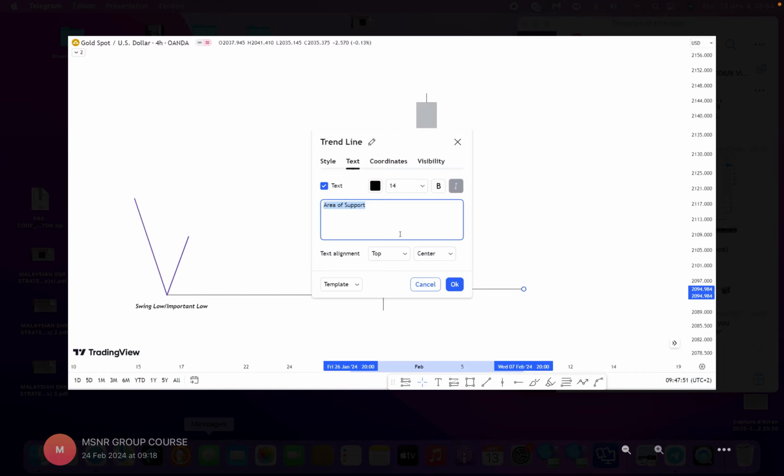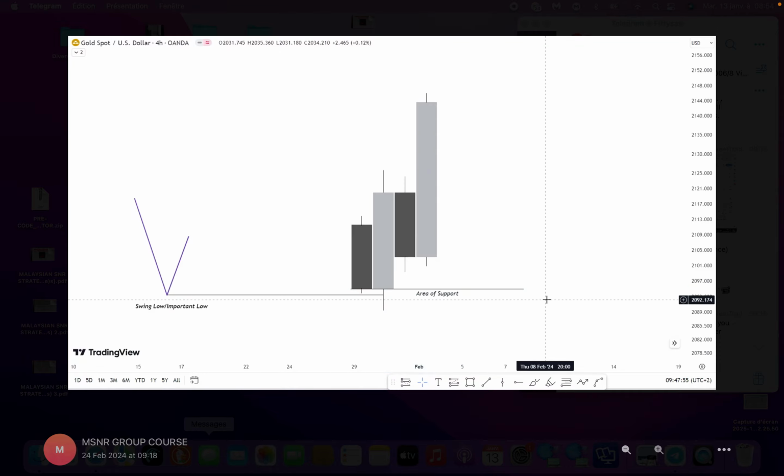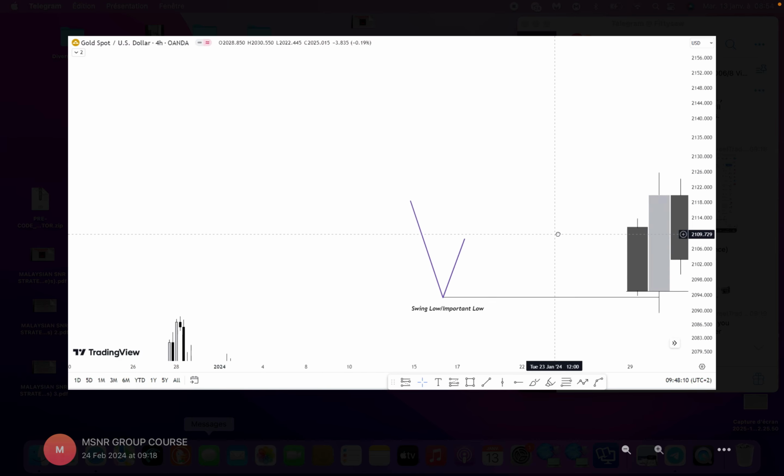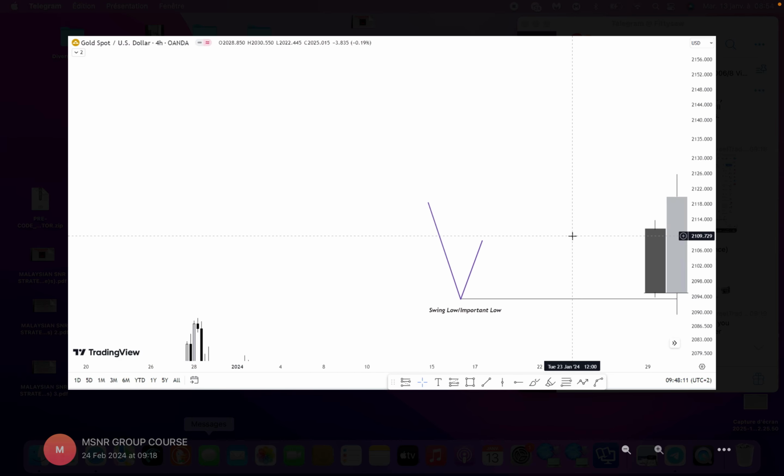Let me bring this to the bottom. So we have something like this where you are going to look for a trade. Let's say the market is somewhere right here.